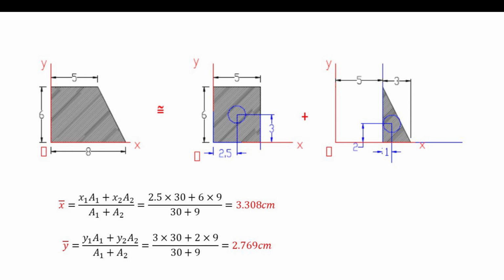We will plug these values into the equation for x bar and y bar, and we have our answer. What we have found is the location of the centroid of our original composite area. It is located 3.308 centimeters to the right of the origin and 2.769 centimeters above the origin.